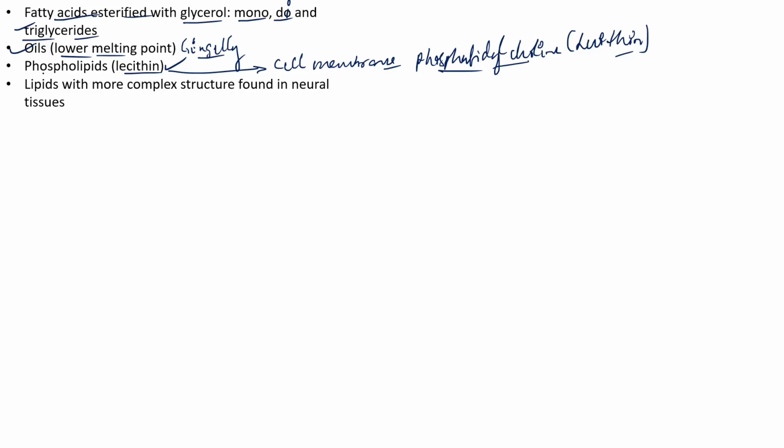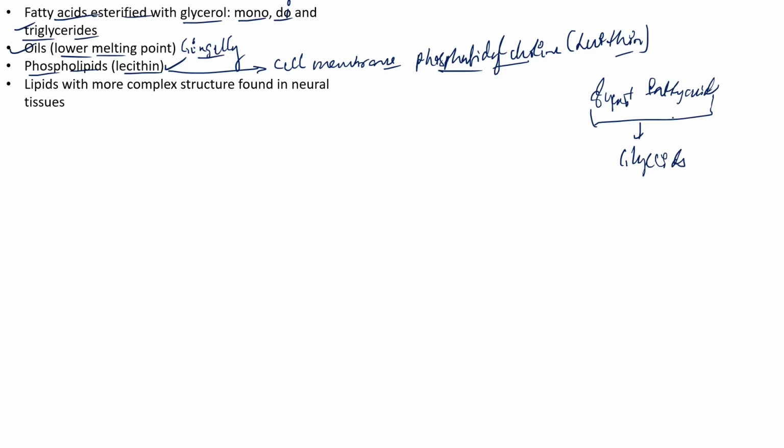And why are they called phospholipids? Because along with the fatty acids plus glycerol, what structure do we get? Fatty acids plus glycerol, we get the glycerides. Remember, if there are 3 fatty acids, we call it a triglyceride.